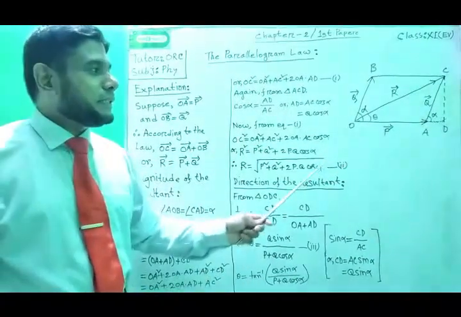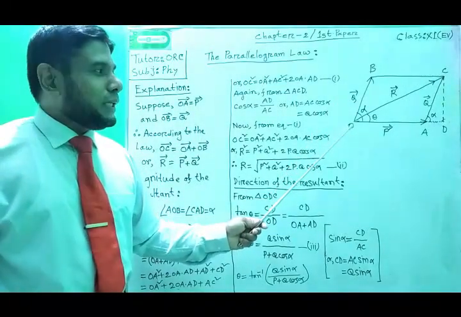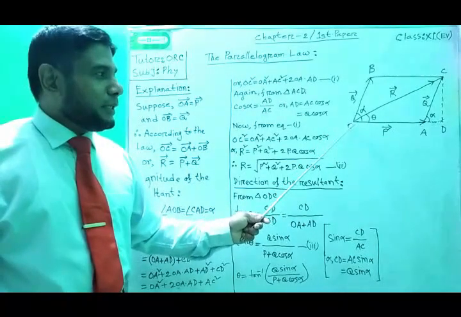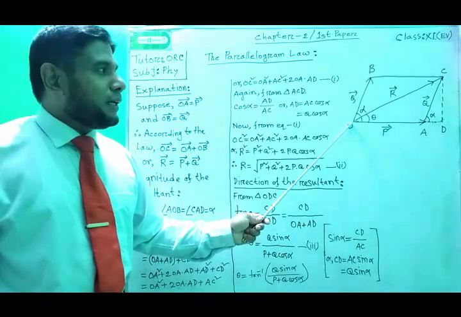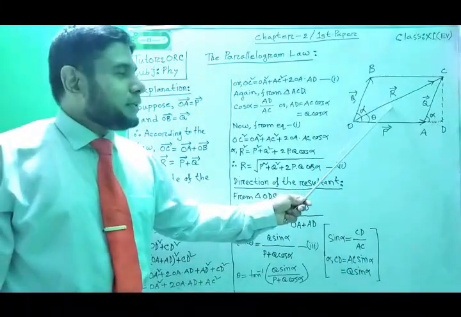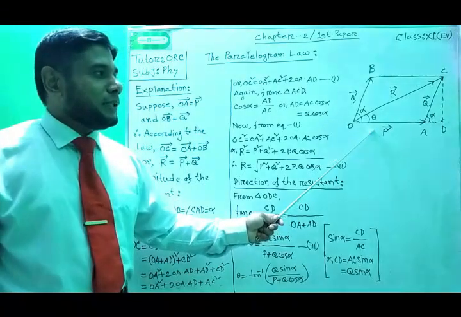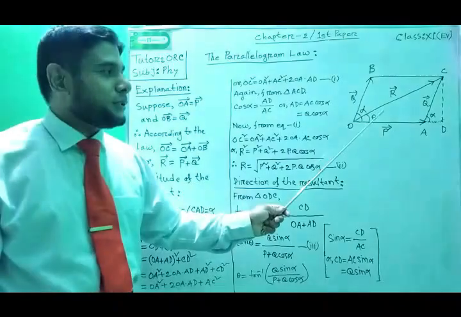If two similar vectors act along the adjacent sides of a parallelogram from a particular point, then from that point the diagonal will indicate the resultant, that means the addition of those two vectors, both in magnitude and direction.